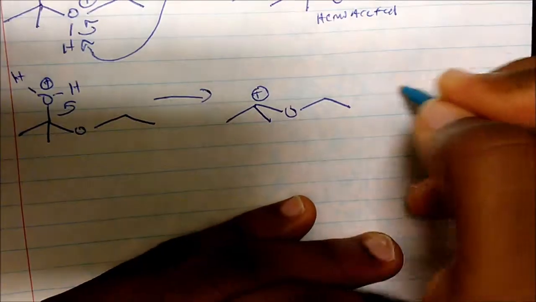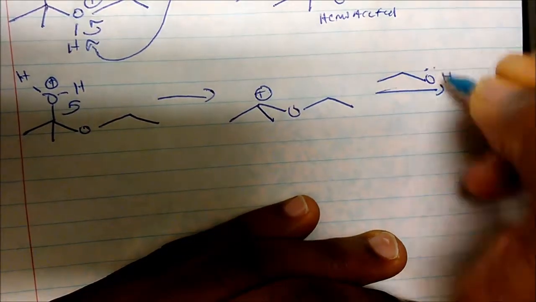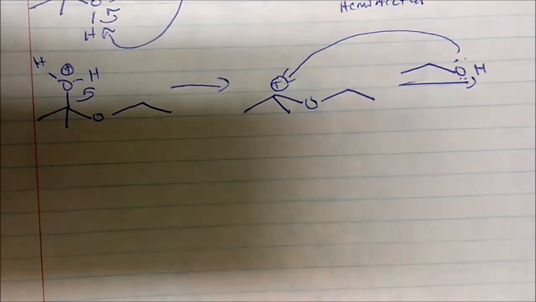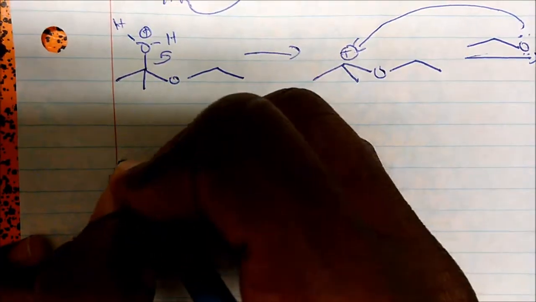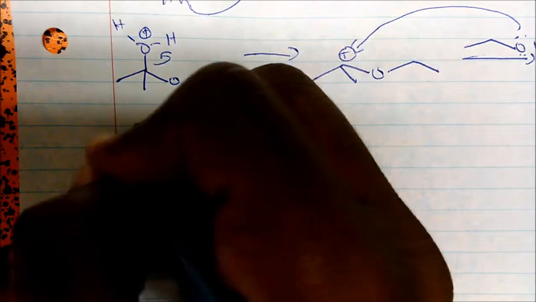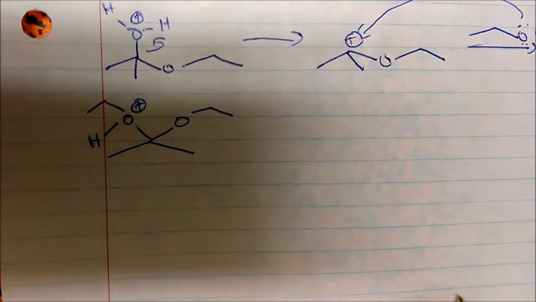Now, this gives rise to a great opportunity for a second ethanol molecule to come in and attack the carbocation. Once that happens, we have something that looks like this. Oxygen, automatic plus one charge, three bonds.